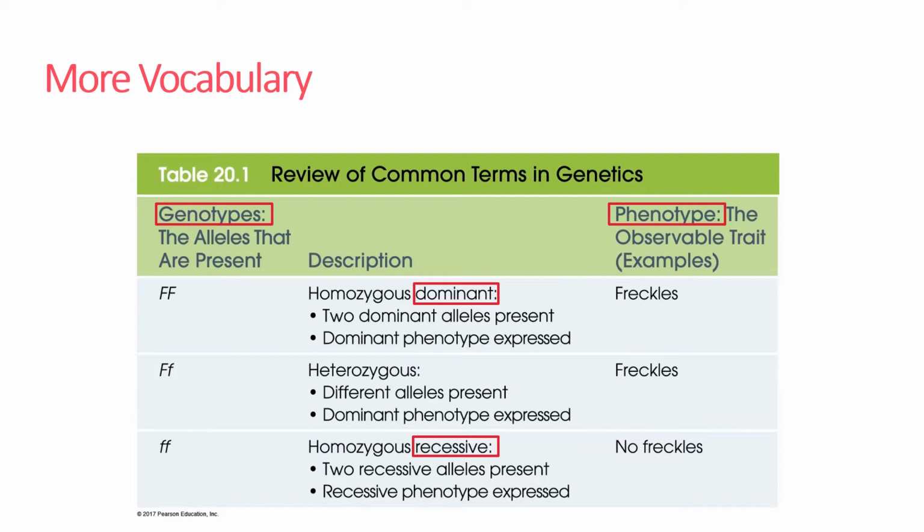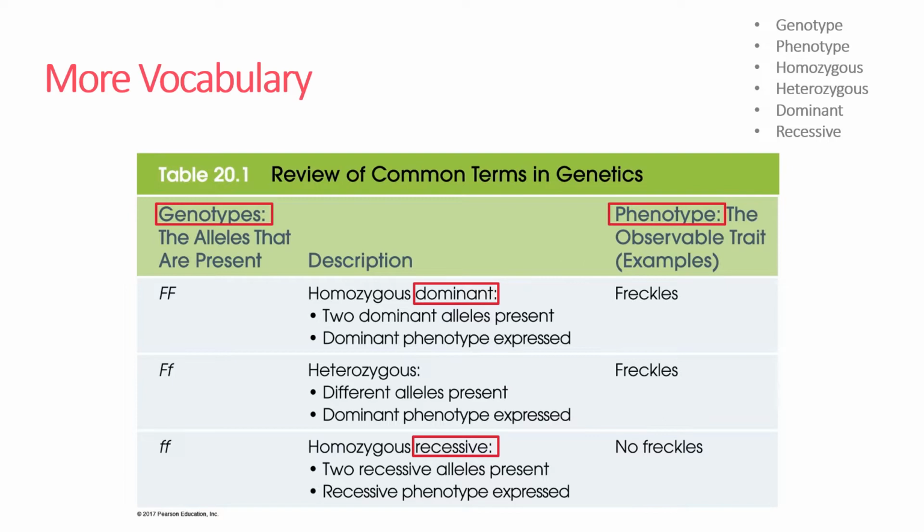The only way an individual would have not freckles is if he or she were homozygous for the recessive allele. The terms that I've used on this slide include genotype, phenotype, homozygous and heterozygous, and dominant and recessive.